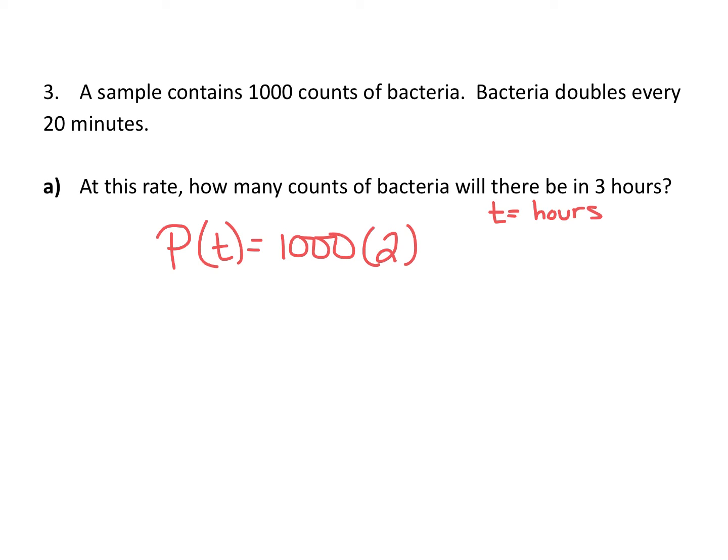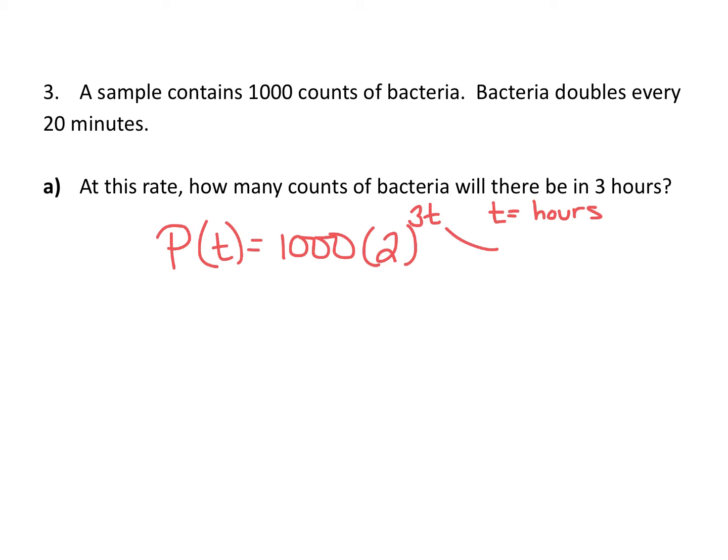Here's how I'm going to set up my exponents. Since bacteria doubles every 20 minutes and my time is in hours, how many times will it double per hour? It's going to double 3 times, because there are 3 sets of 20 minutes in 60 minutes. So it's going to be raised to the 3 times t power.